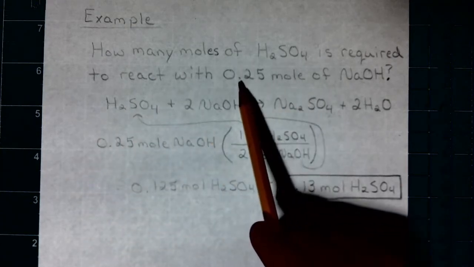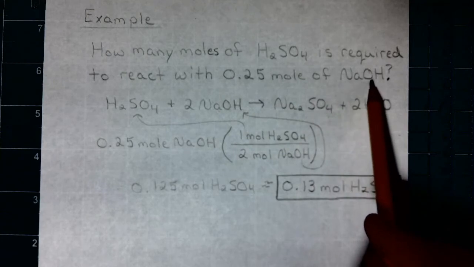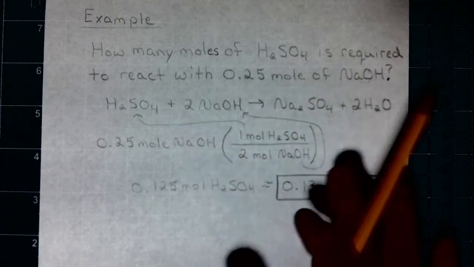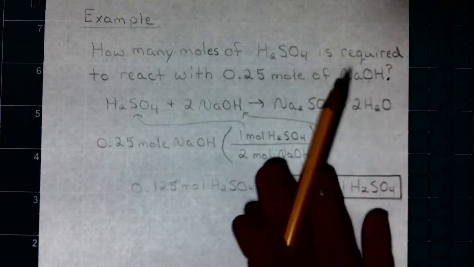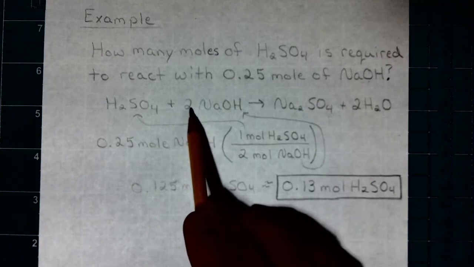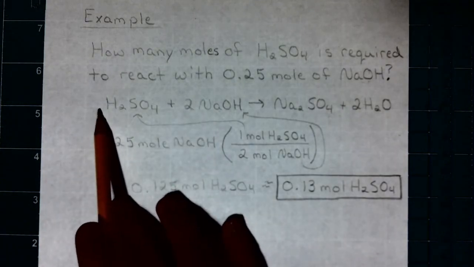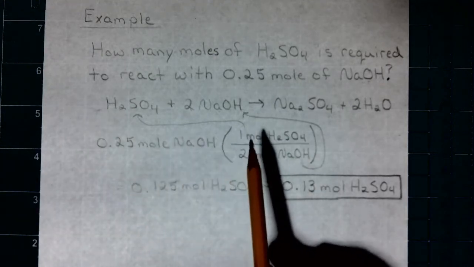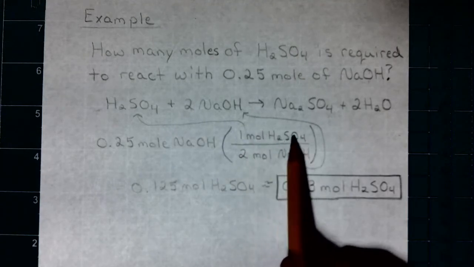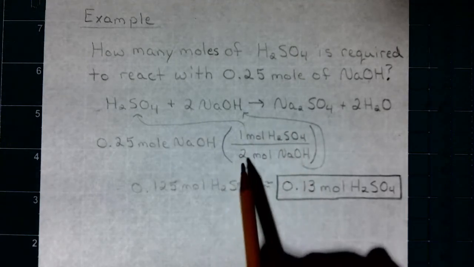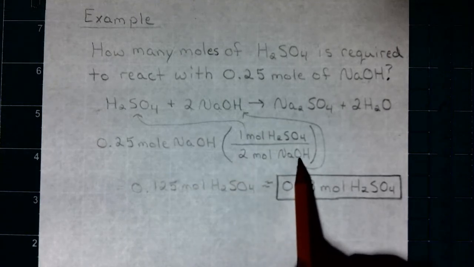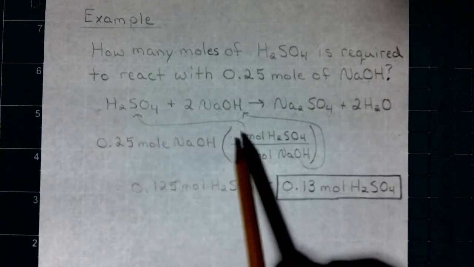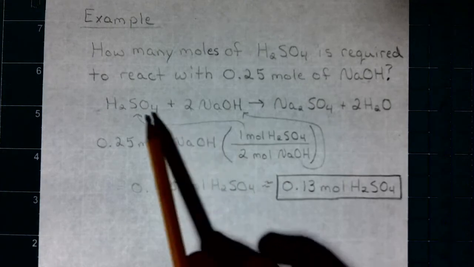Now, the first thing we know is that we have 0.25 moles of sodium hydroxide, and what we want to know is how many moles of H2SO4 we need in order to react with it. And we can see here that there's 2 in front of the sodium hydroxide, and there's an assumed 1 in front of the H2SO4. So that means that for every 1 mole of H2SO4 sulfuric acid that reacts, we're going to be reacting 2 moles of the sodium hydroxide. I'm just bringing down their coefficients, and I'm labeling them as moles of the reagent.